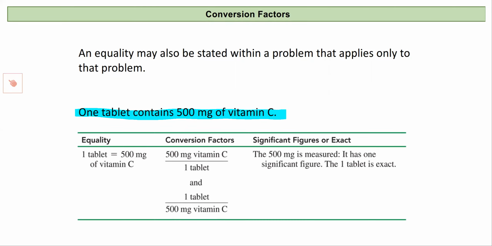And you can convert this into the equality, one tablet equals 500 milligrams of vitamin C. And so this word "contains" right here is really "equals." One tablet equals 500 milligrams of vitamin C. And then from there, we can think of it as a fraction in one of two ways, like we did with our pounds and kilograms.